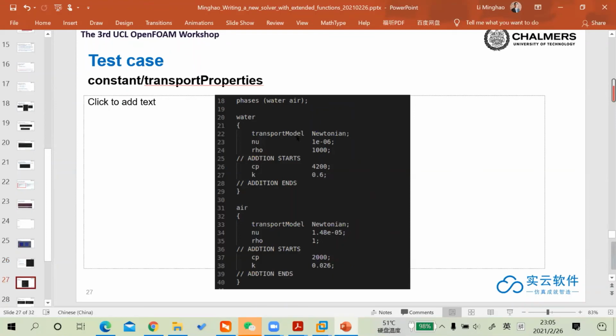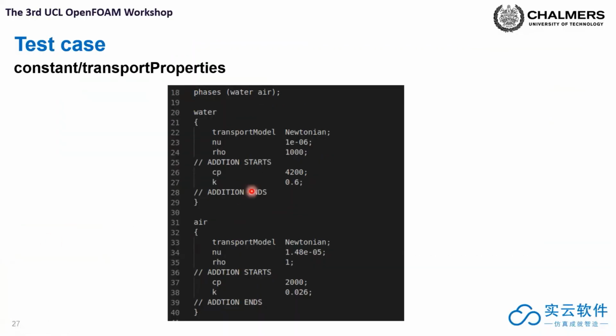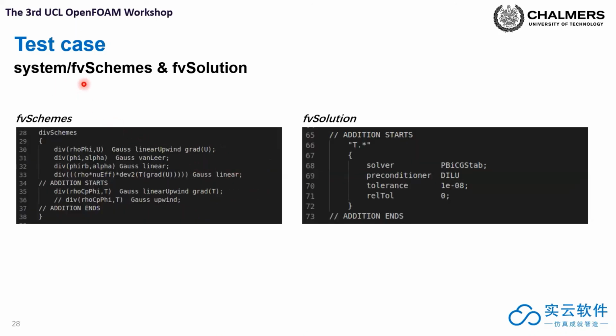Also, we need to add this mod Cp and K in the constant transport properties, so it can read these values and do the calculation. And in the system fvSchemes and fvSolution, we need to add the scheme for the temperature, and also the solver needed for solving temperature. You can always find some reference solvers and reference fvSchemes in other tutorial files.